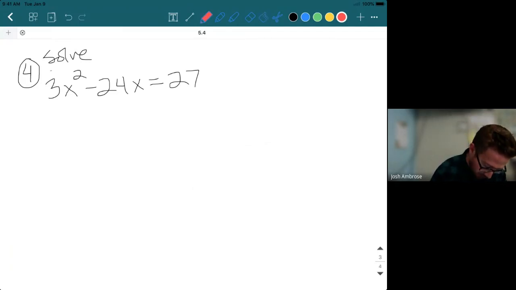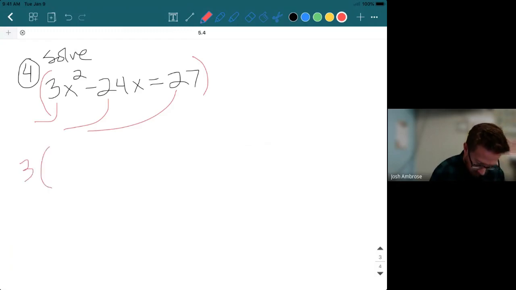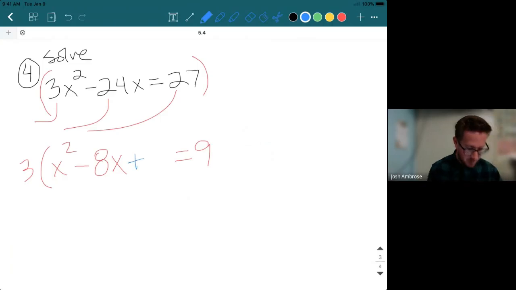So this whole thing, let's put it in parentheses and take a 3 out of all of these. So now we have a 3 parentheses x squared minus 8x. I'm going to leave a little space equals 9. Now, in that space, I need to solve for c.